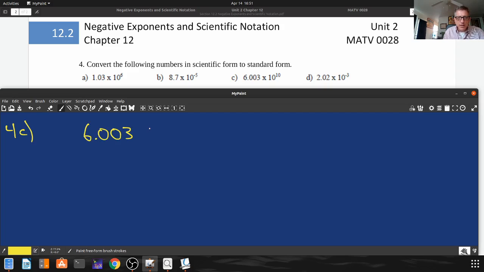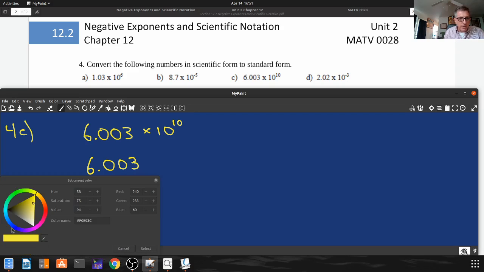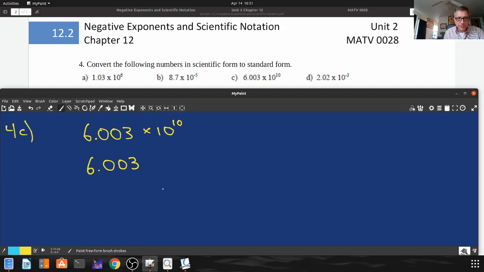Next, 6.003 times 10 to the 10th. Since that's a positive exponent, I'm going to be moving decimal places to the right. And I want to add some zero space. So I added 10 zeros.